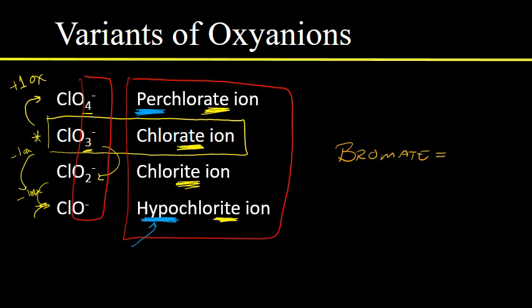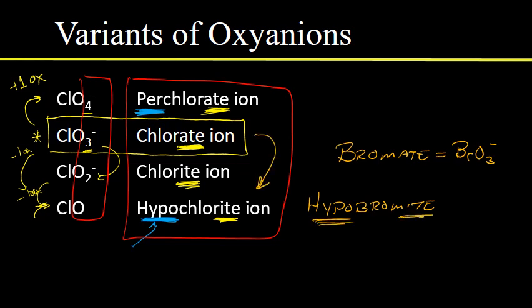So if bromate is BrO3 minus, right, then hypobromite, the hypo and the -ite means that we've gone down 2 steps, we've lost 2 oxygens.